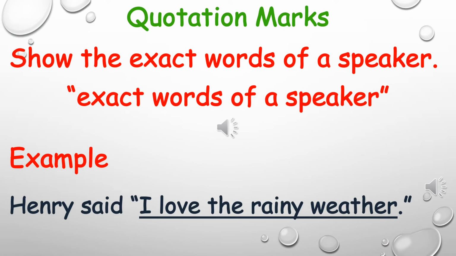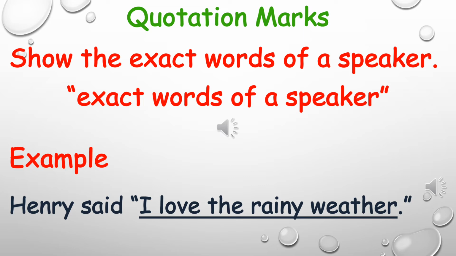Quotation marks. Quotation marks show the exact words of a speaker. Okay, look at this example. Henry said, "I love the rainy weather." Okay, who's our character here? It's Henry. What did he say?